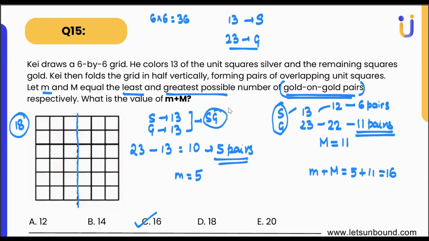And when do you get the minimum value of gold-gold pairs? That is when you utilize all your silvers in making silver-gold pairs, that is 13 pairs. They have asked for the number of pairs and not the silvers or golds, so you have to be careful in forming the number of pairs. Hence, 16 is your answer.